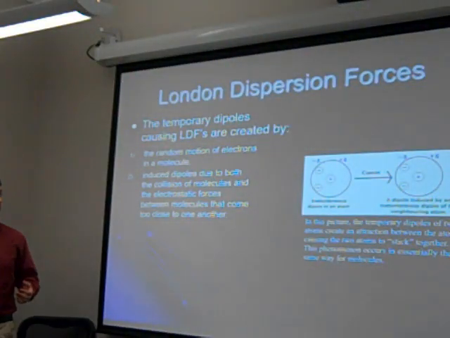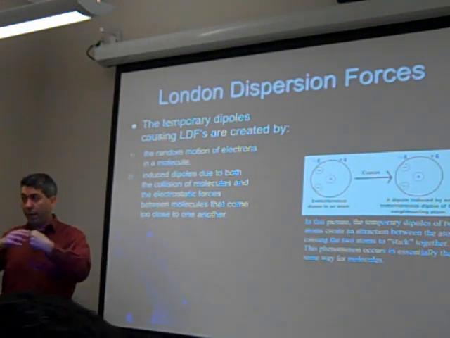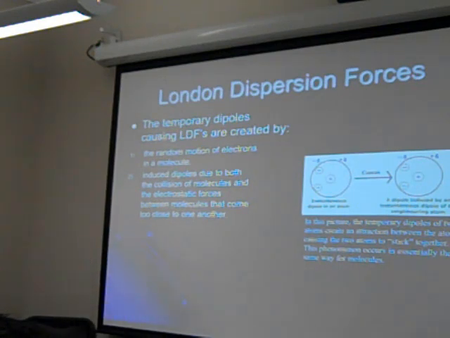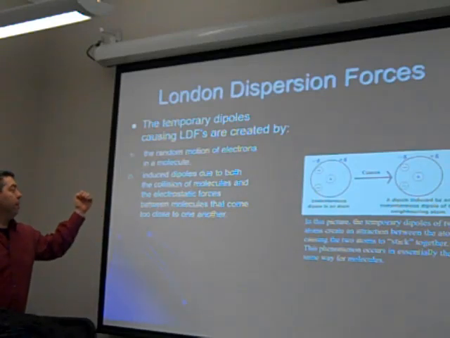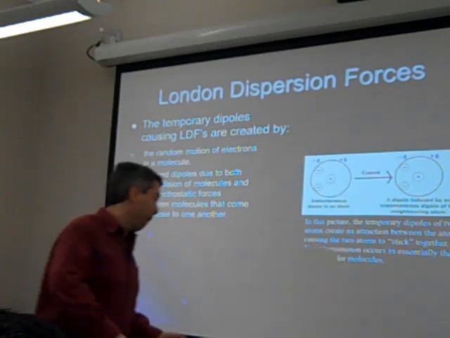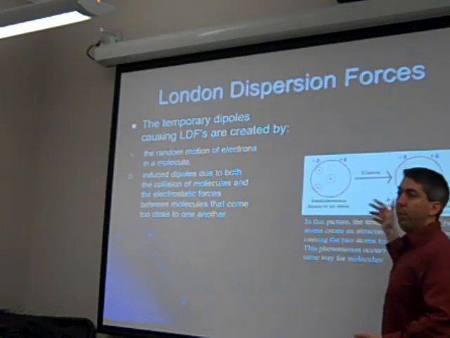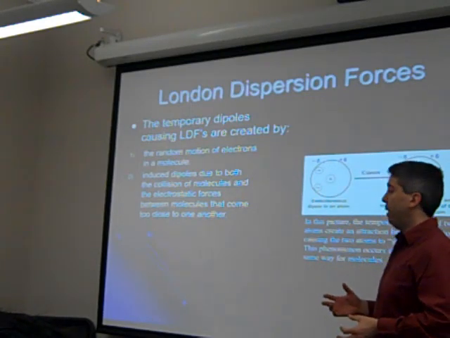And then, secondly, you can have induced dipoles due to either the collision of molecules when they crash together, just like bumping a glass of water, or electrostatic forces between molecules that come close to each other. For example, let's say these two atoms don't actually crash into each other, they just come close.